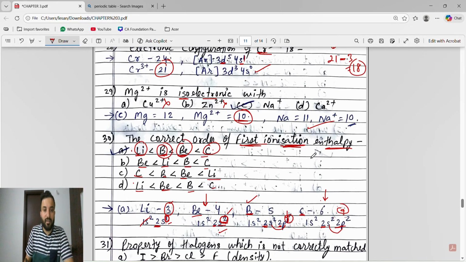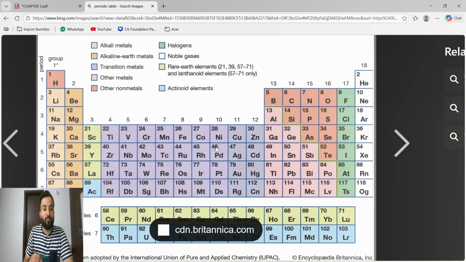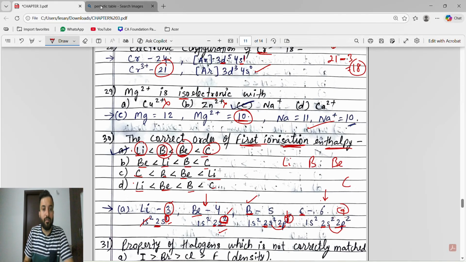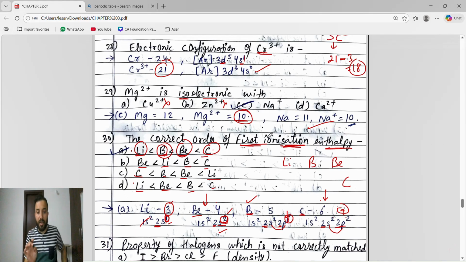First ionization enthalpy you can easily find with the help of the periodic table. First ionization enthalpy, we have 4 elements: lithium, boron, beryllium and carbon. This trick I am going to tell you only for first ionization enthalpy, not for second or third ionization enthalpy, which I will explain separately.